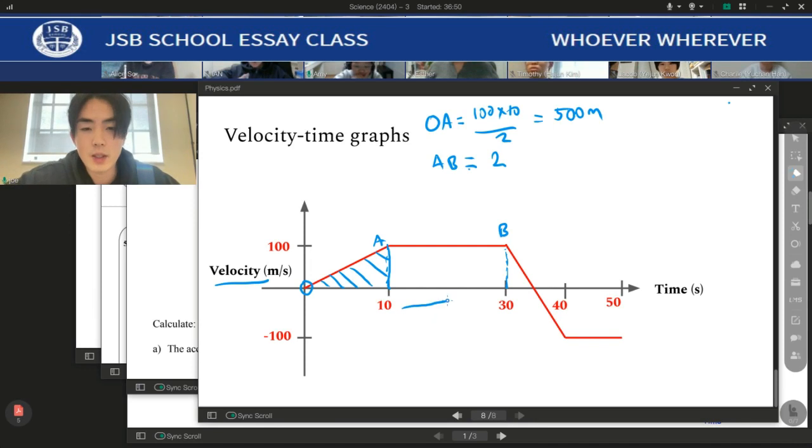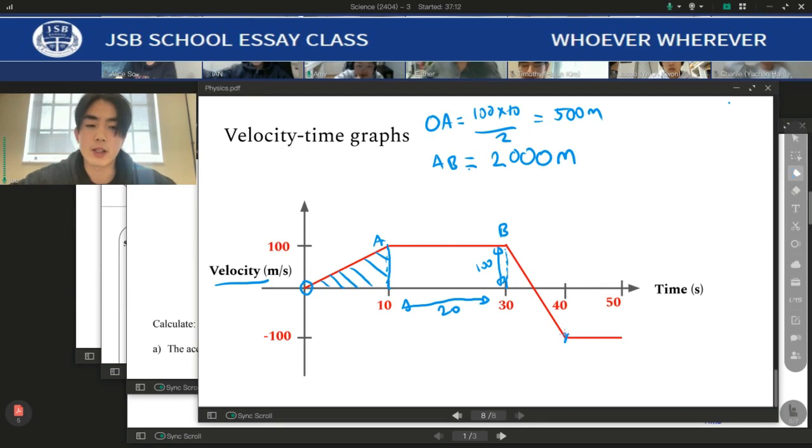This is 20. This is 100. So the area is 20 times 100, 2,000. Okay? 2,000 meters. All right, so this is where it gets a bit more difficult, okay?